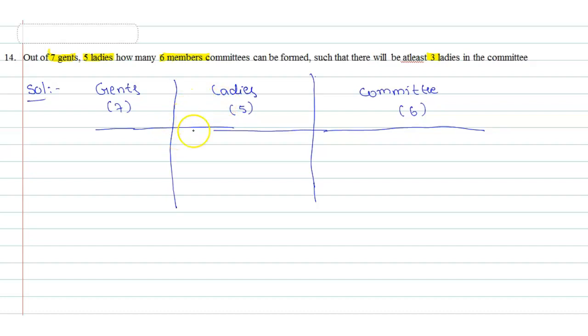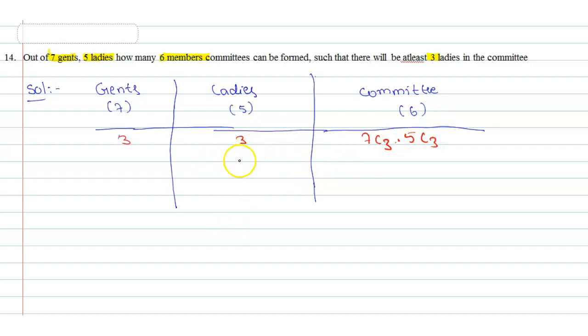So here I am taking 3 ladies, and then gents go to 3. Out of 7 gents I am taking 3 gents, that is 7C3 into, out of 5 ladies I am taking 3 ladies, that is nothing but 5C3. Okay, that is the first condition.